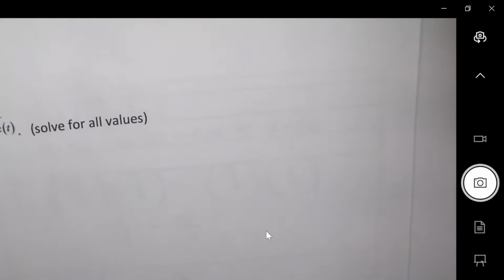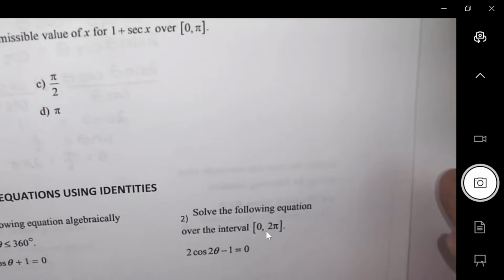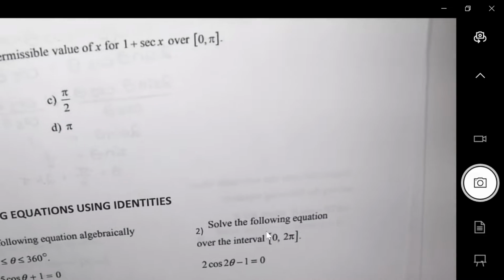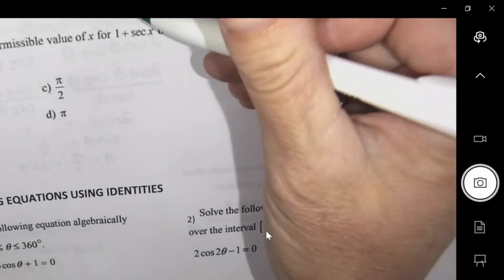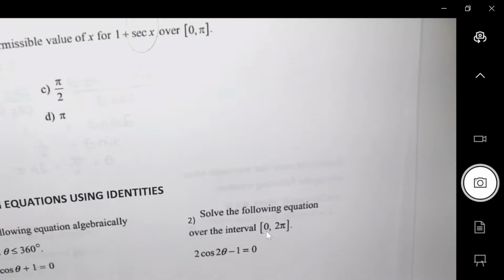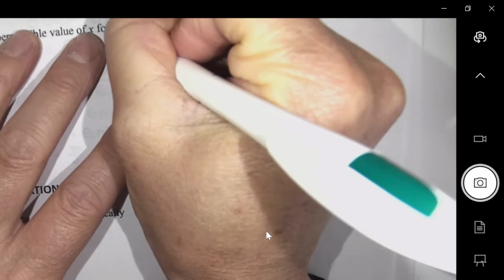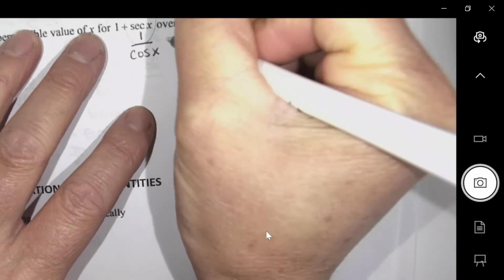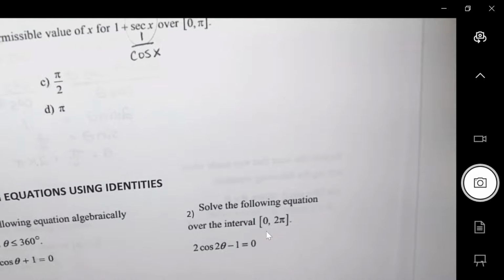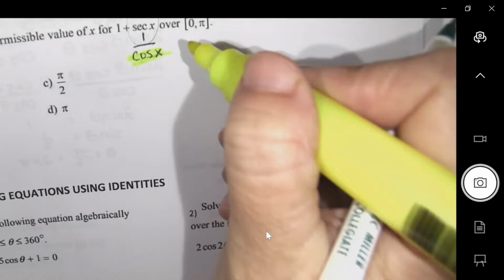Okay? And the last one is on the flip side. So in that one, the secant is causing a problem because it's the flip of cos. And you don't ever want this to end up being 0.